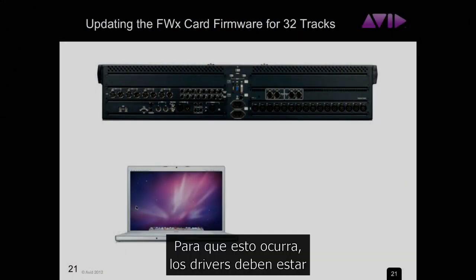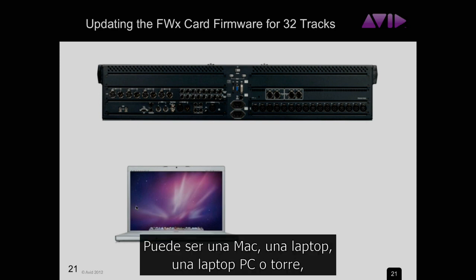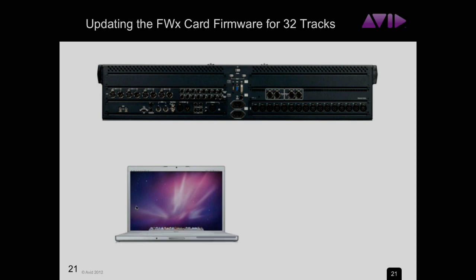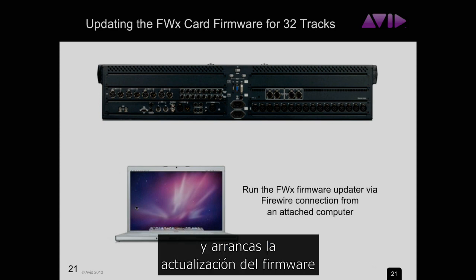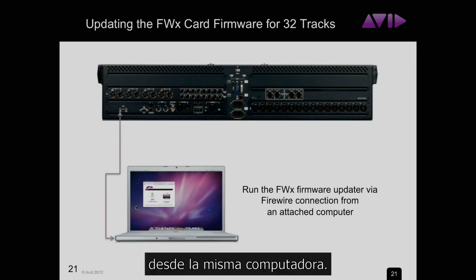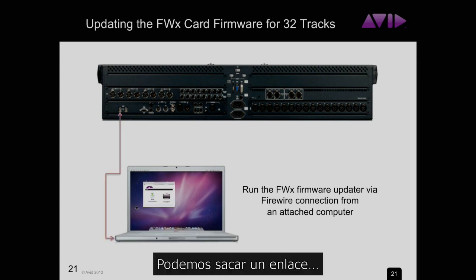So the way this has to happen is the drivers actually have to exist on your connected computer. This can either be a Mac laptop or a PC laptop or tower, but you're going to connect that computer to the SC48 via FireWire, and then you're going to initiate this firmware upgrade from the computer itself. These drivers are readily available on the web.